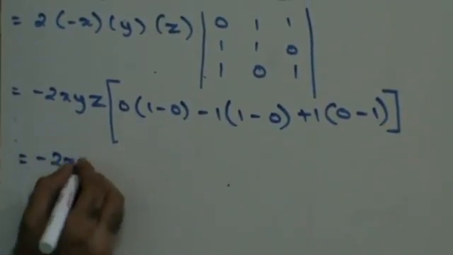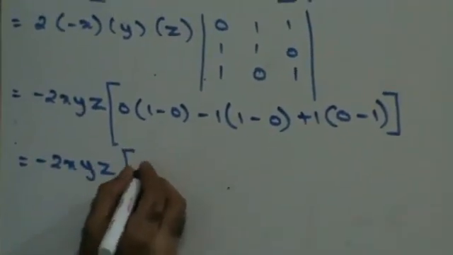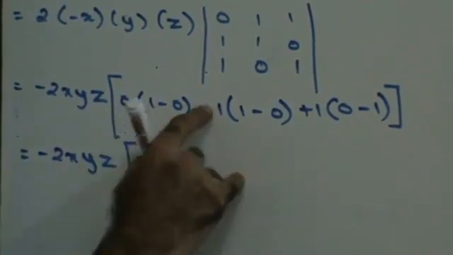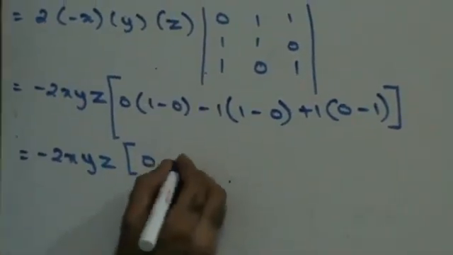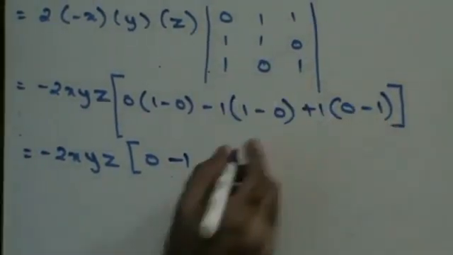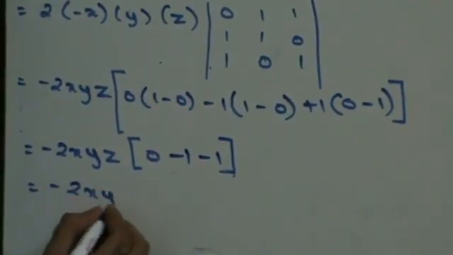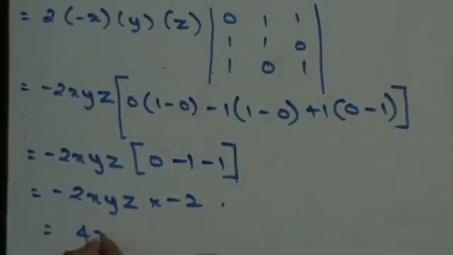So in that case you will get minus 2xyz, anything multiplied by 0 is 0, minus 1 into 1 is minus 1, 1 into minus 1 is minus 1, so minus 2xyz into minus 2, minus into minus plus, 4xyz, and that's what you have to do, right?